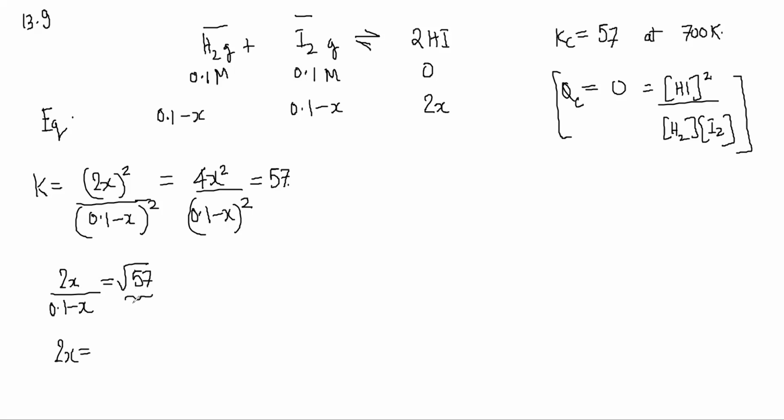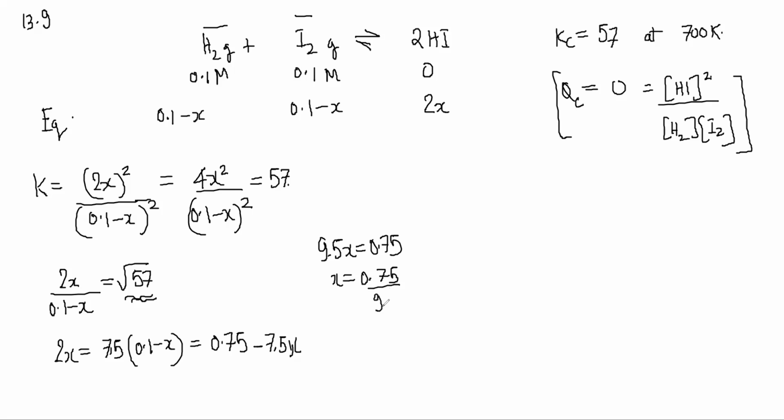Root 57 is going to be almost 7.5, into 0.1 minus x. So this is going to be 0.75 minus 7.5x, and you'll get 9.5x is equal to 0.75, and x will be almost this. This is an approximate calculation, but this will be almost true.